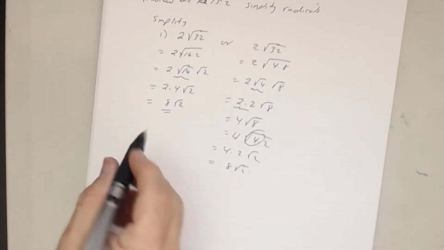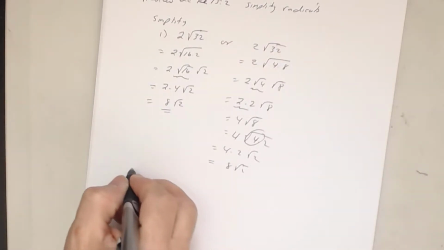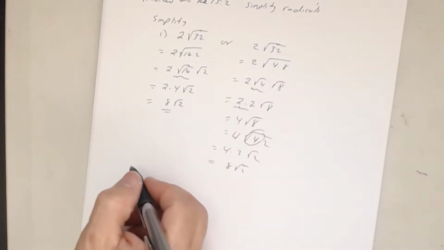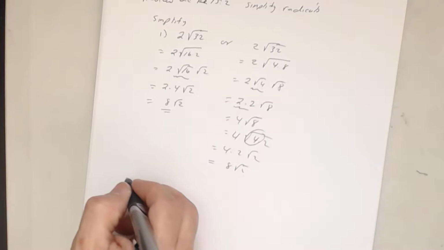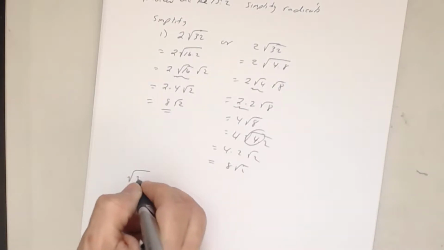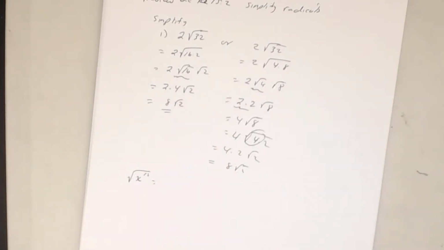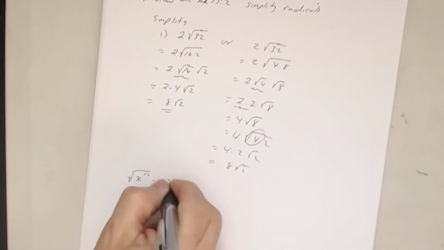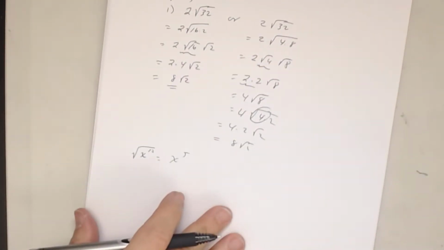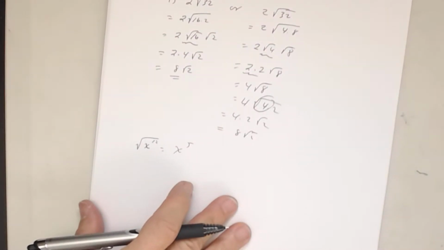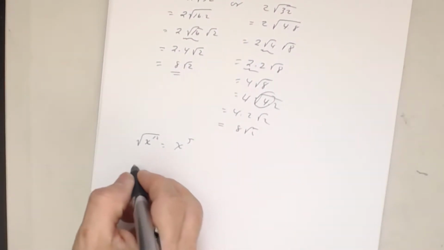Then I think we started talking about something like this. And well, actually we did this in a previous section. What is the square root of x to the 10th power? Now let's assume, since we limit square root, let's assume that the variable represents positive numbers. That's just x to what power? The 5th. All right? But then in section 15.2, we started talking about, well, what if you had this?